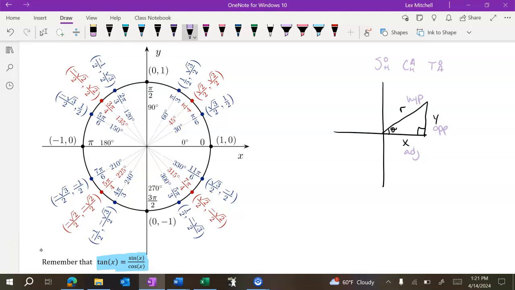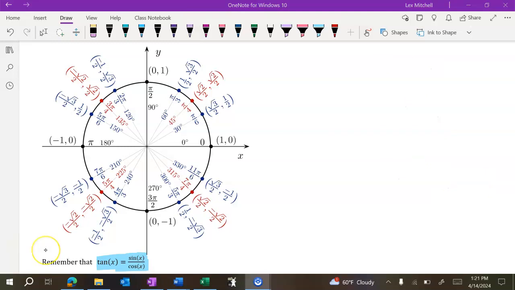we know that tangent is TOA, opposite over adjacent. So that means tan is y over x, or sine over cosine. So when we try to find these points, we're going to be doing sine over cosine.